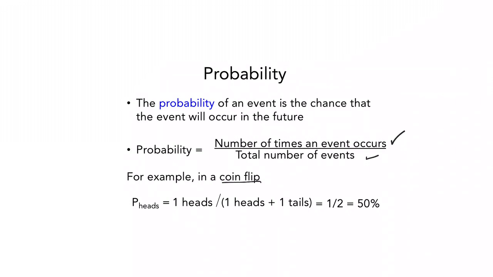It's not weighted. It's either going to be heads or tails. So if you wanted to know the probability of heads, you just divide 1 by the total number of events, which in this case is 2. The probability of heads is 50%. The probability of tails is also 50%.